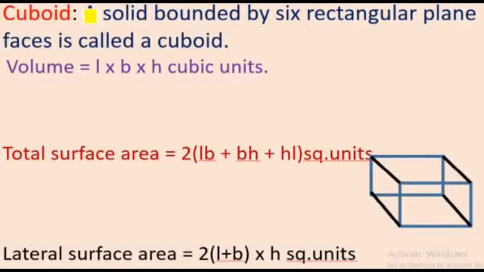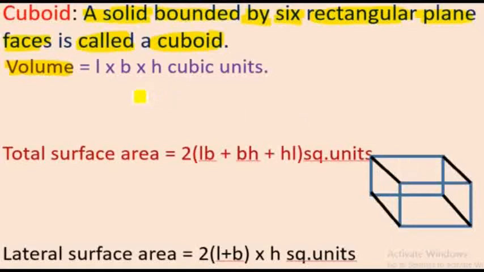Cuboid: a solid bounded by 6 rectangular plane faces is called a cuboid. Now volume of this cuboid. Volume means if we want to pour water inside this, what is the capacity of this cuboid?